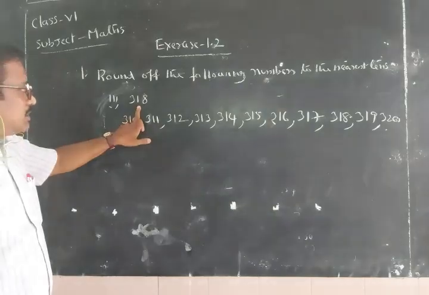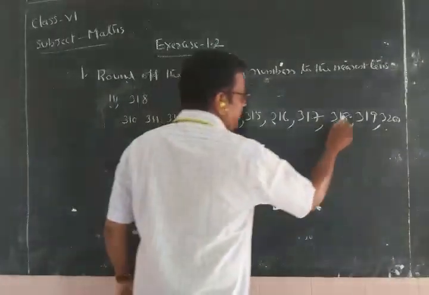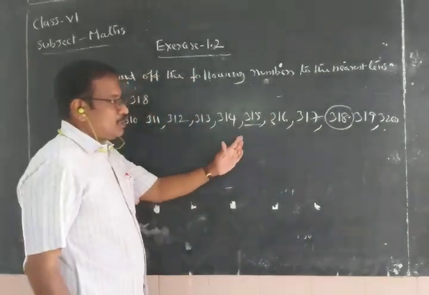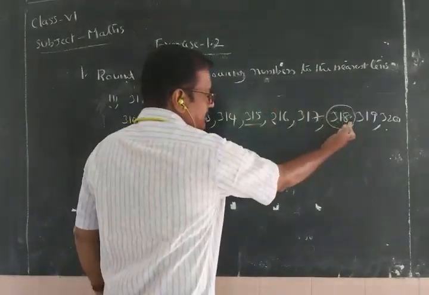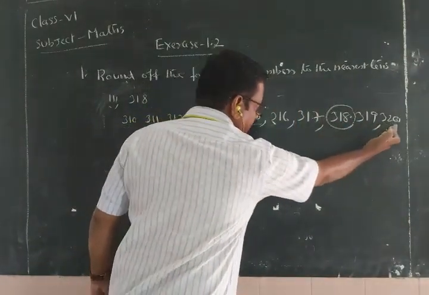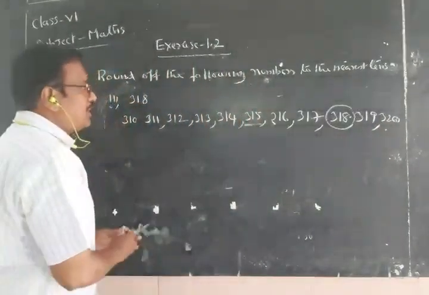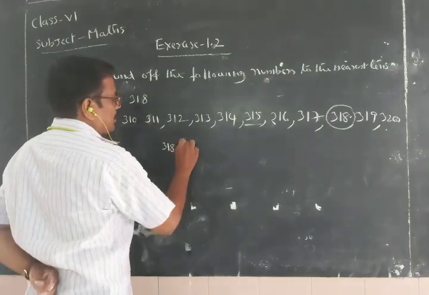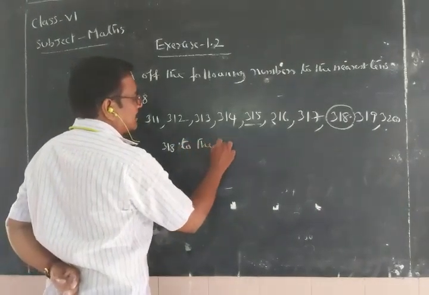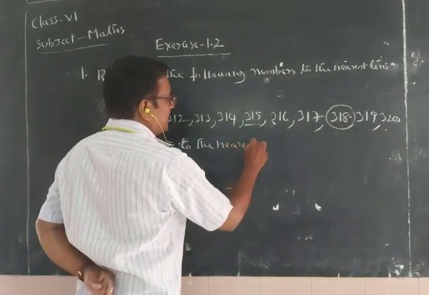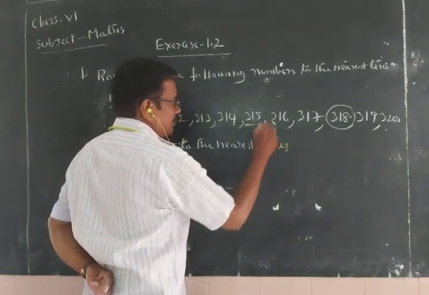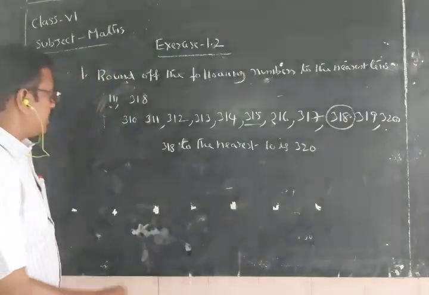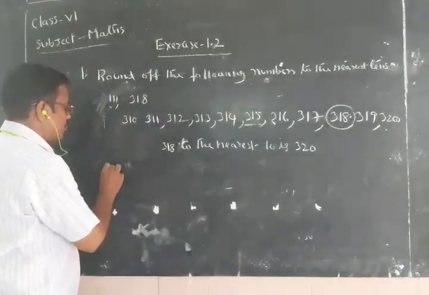So what is the number in there? 318. The middle of the number is 315. The 5 is before the number 318. So what is the nearest one? 318 to the nearest ten is 320.